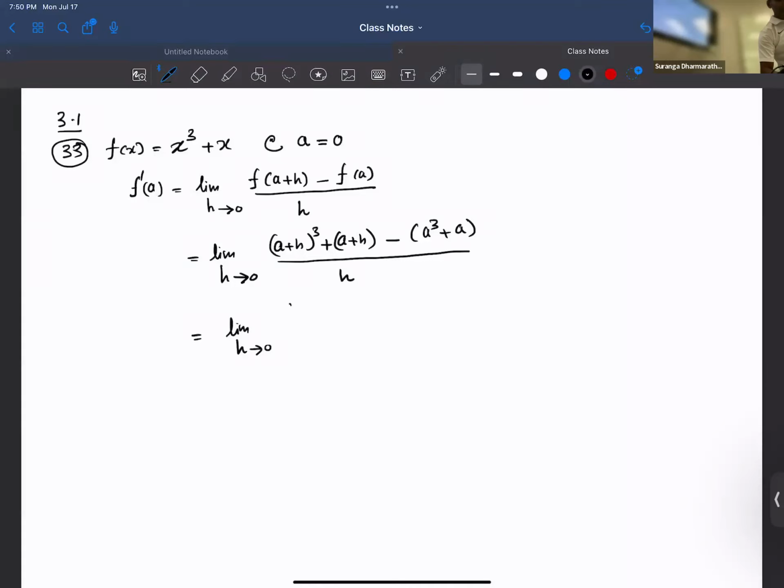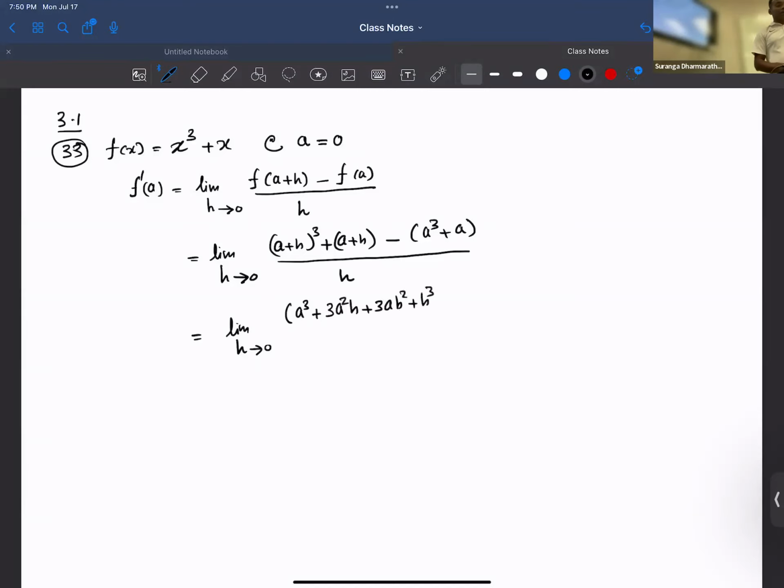I can take a cubed plus 3 times a squared h, plus 3 times a h squared plus h cubed. Is that right?